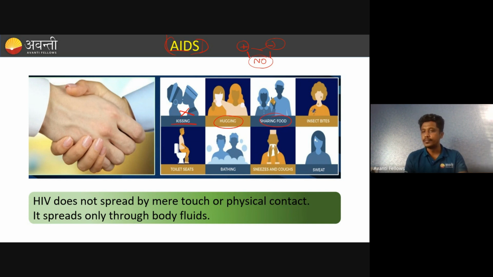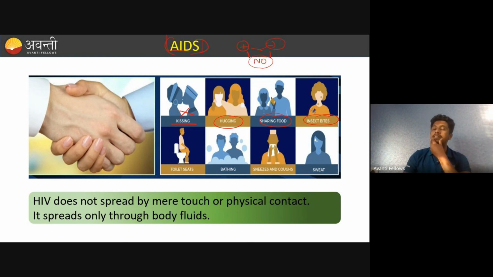Sharing of food. Next one is insect bites. What? Why not? Okay, interesting question. When a mosquito bites an infected person and then bites a normal person, AIDS does not spread. Let me tell you. When a mosquito bites, it sucks blood. When it bites another, healthy person, at this point the mosquito will not inject the blood.